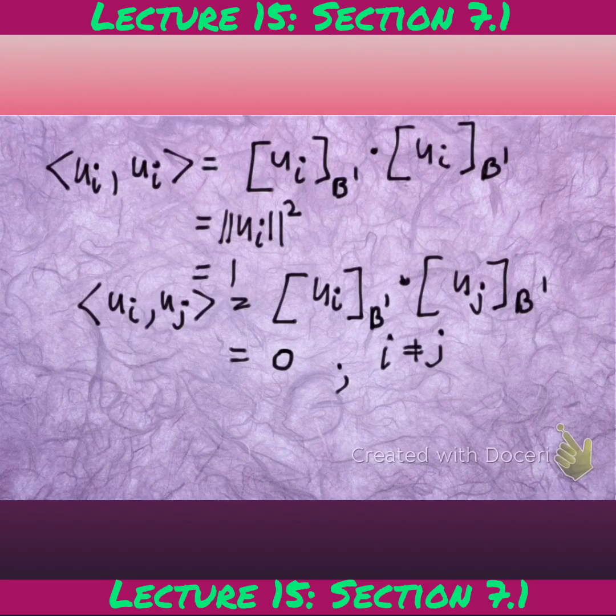And that's 0 because B is an orthonormal basis, so the vectors are pairwise orthogonal. Remember, the transition matrix is the matrix where we take the columns to be these coordinate vectors with respect to the basis.